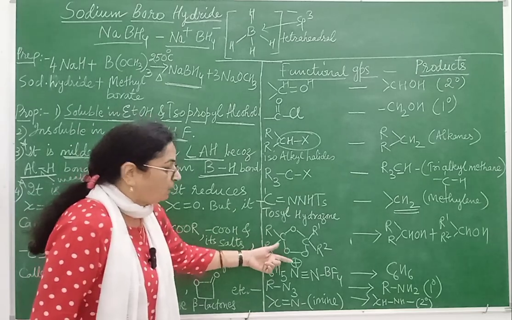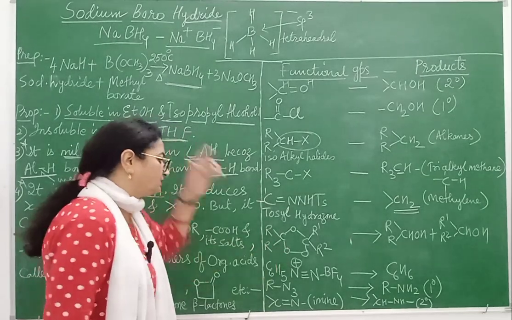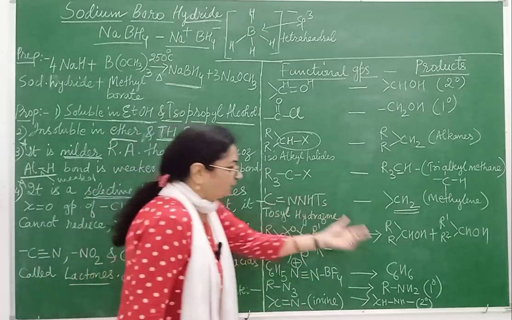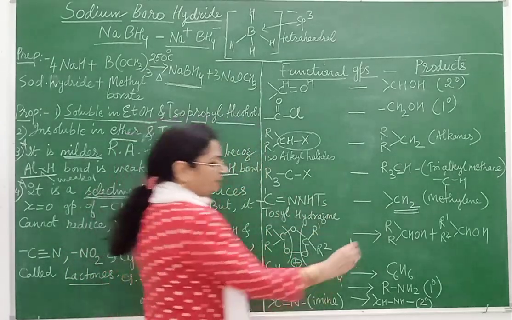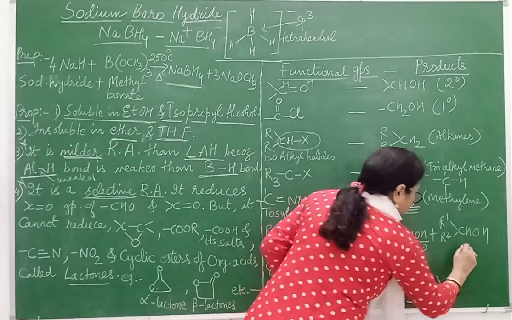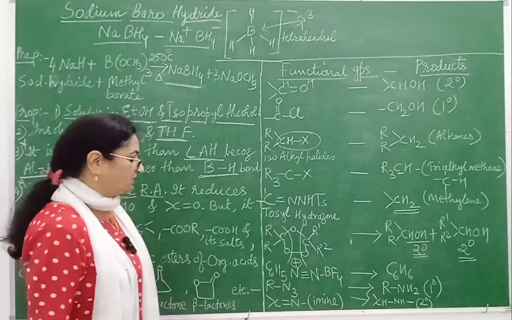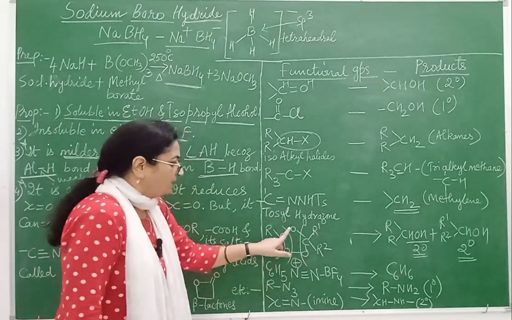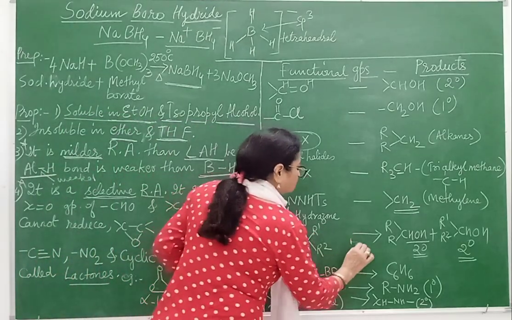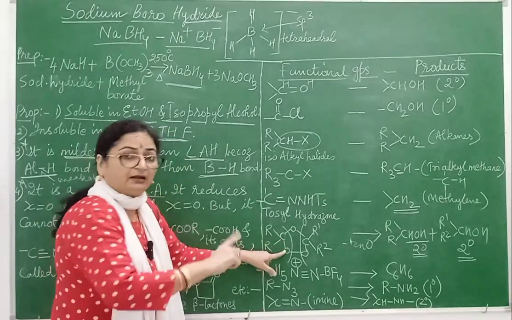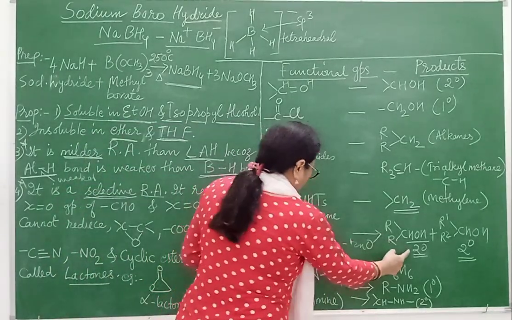Now here you can see ozonide. From this structure itself, it is clear it is an ozonide. This ozonide gets reduced by sodium borohydride to 2-degree alcohols, because the bond breaks from here. This oxygen goes with zinc to form zinc oxide. Here we get an aldehyde, and that aldehyde further gets reduced to a 2-degree alcohol.